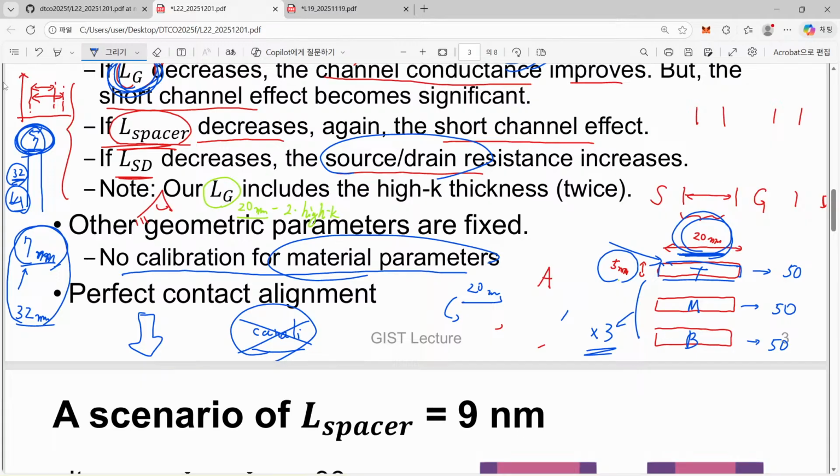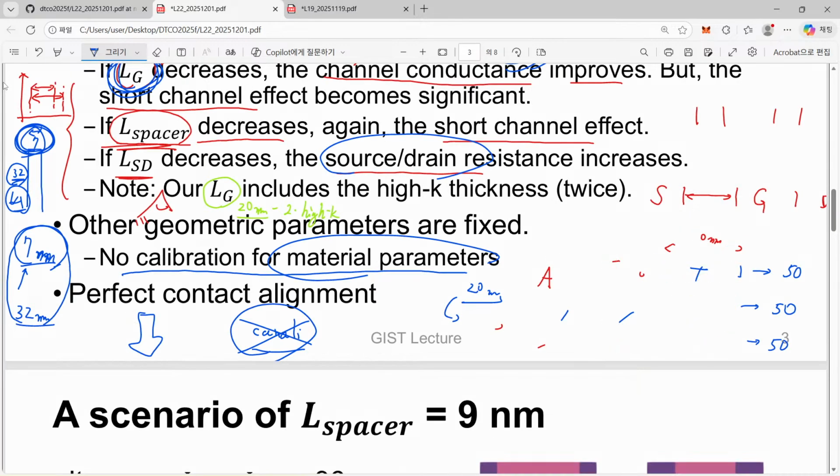Because if we have a really short channel device, let me just explain qualitatively, not quantitatively, but I think that is important too. Here we have a certain system. Let's say that this is a source and drain.